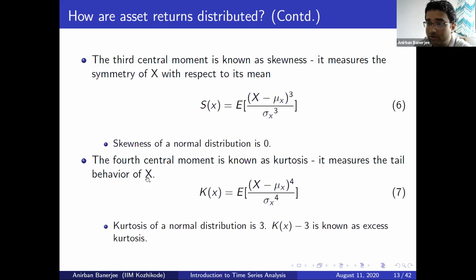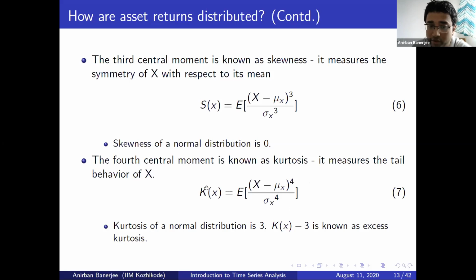The fourth central moment is known as kurtosis. It measures the tail behavior. Is it a fat tail or a thin tail? Again, very similar notation: x minus mu x now becomes to the power 4, divided by sigma x to the power 4. So kurtosis of a normal distribution is not 0, it is 3.